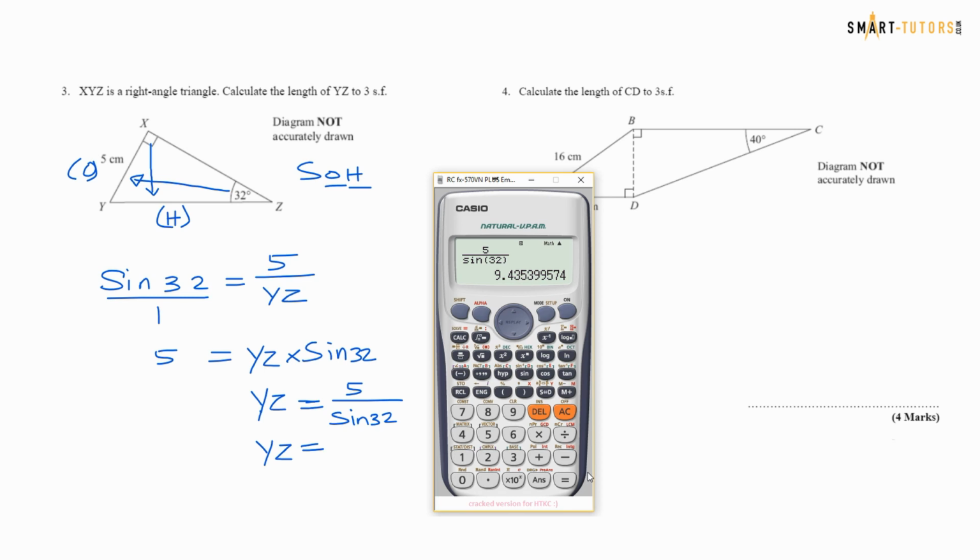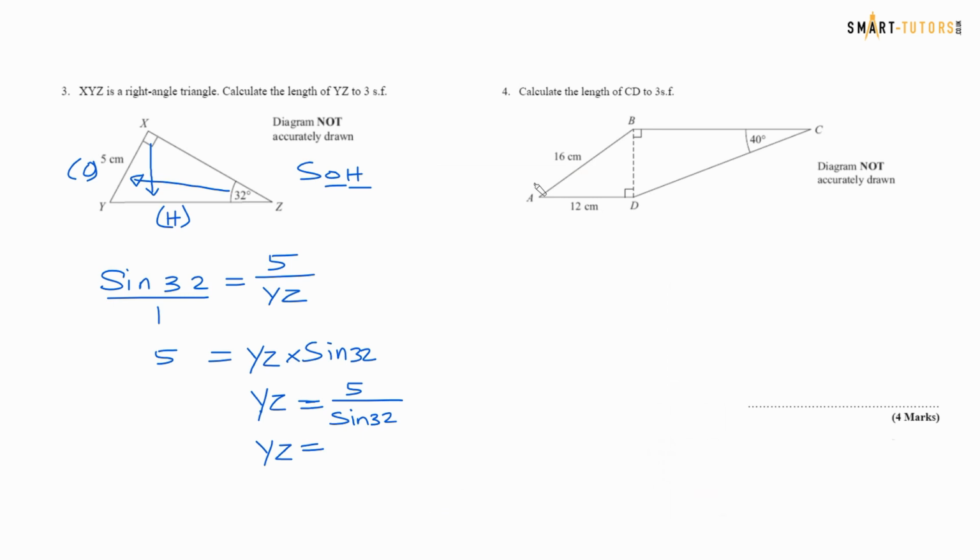If they ask for 3 significant figures, I would say 9.44 to 3 SF. That is the answer for question number 3.